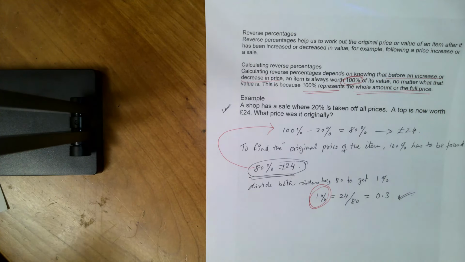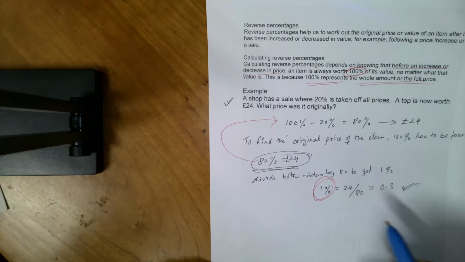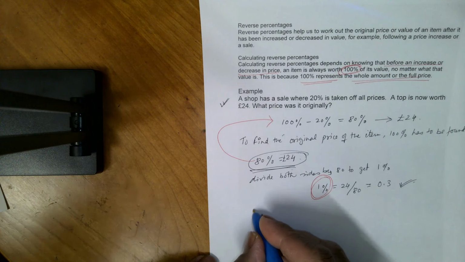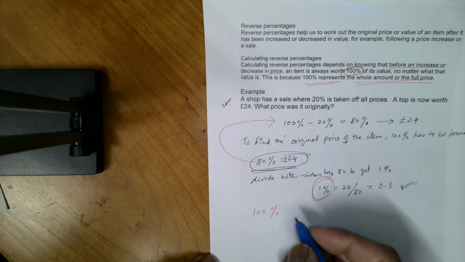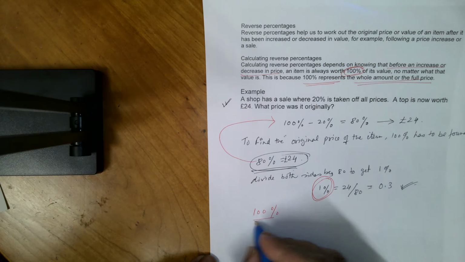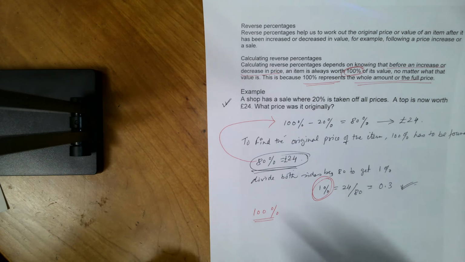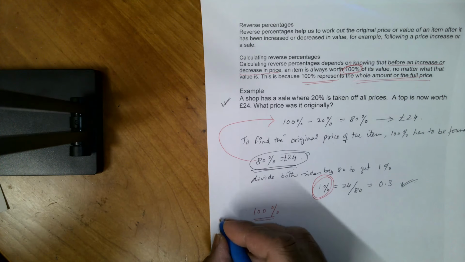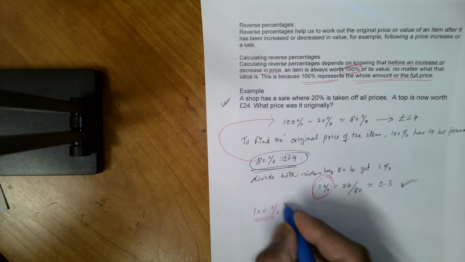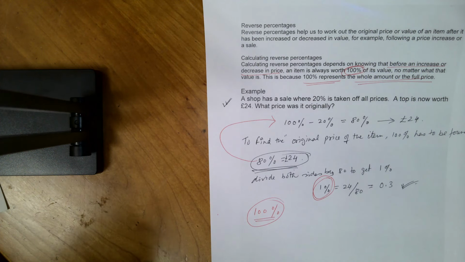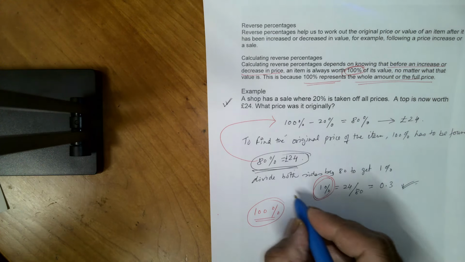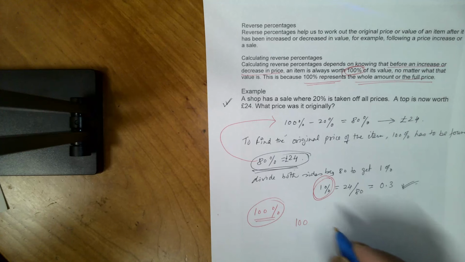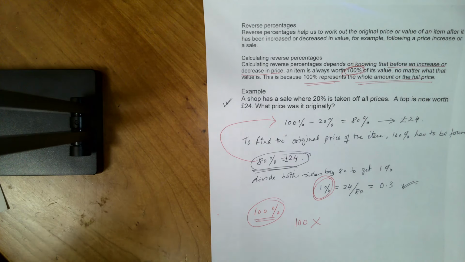But once you have this, then what you do, you multiply both sides with 100 to get 100%. So this is what we're going to do now. Multiply with 100 to get 100%.